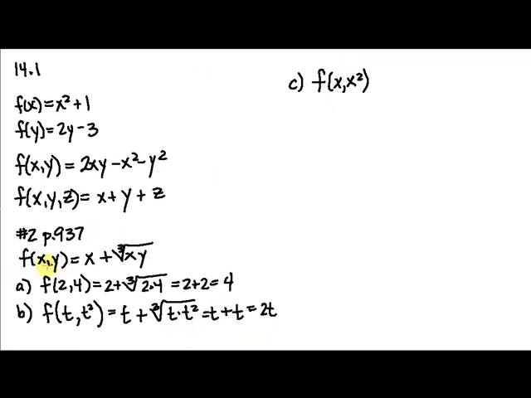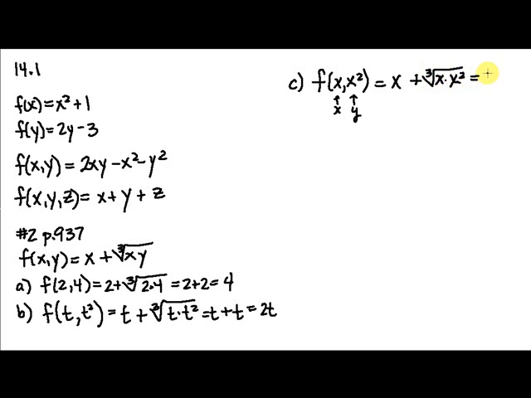And so again, you need to remember that we're plugging in this item for x, so in other words, x is staying the same, and we're plugging in x squared for y. So this is going to be equal to x plus the cubed root of x times, and now y is really x squared in this case. So simplifying, this is going to be x cubed under the radical, so the cubed root of x cubed is going to be x, so we have x plus x is 2x.